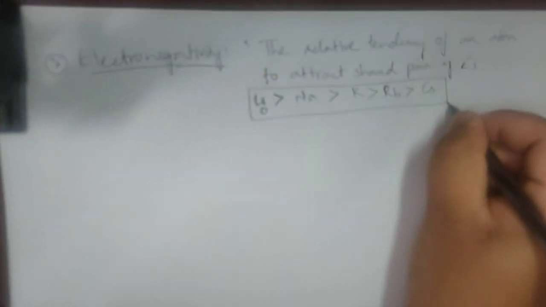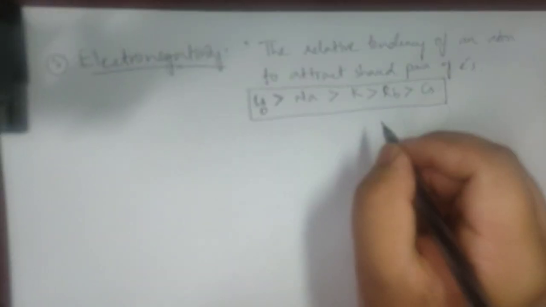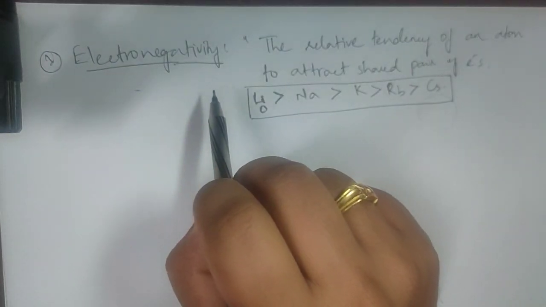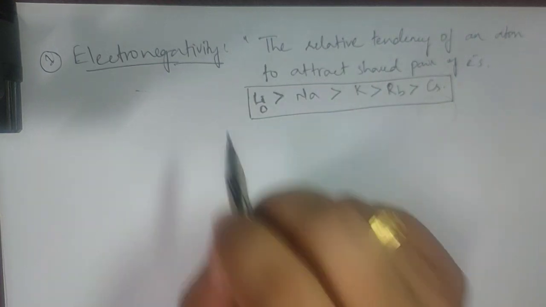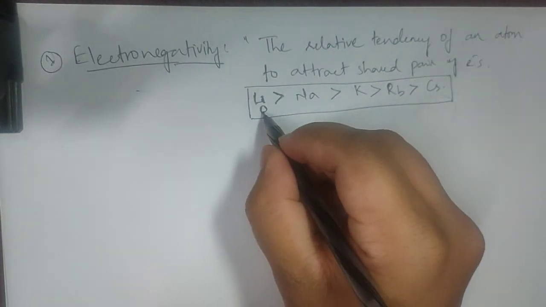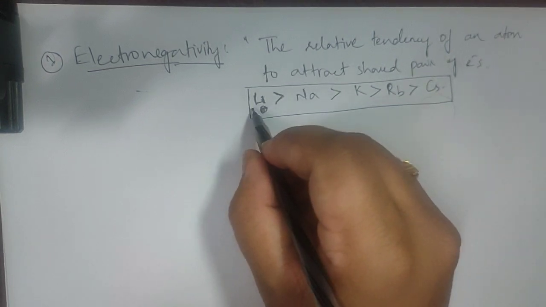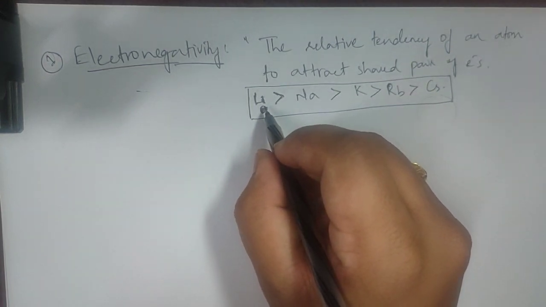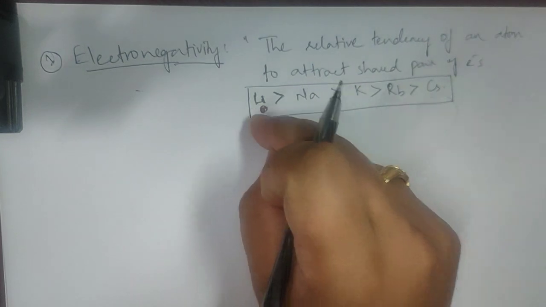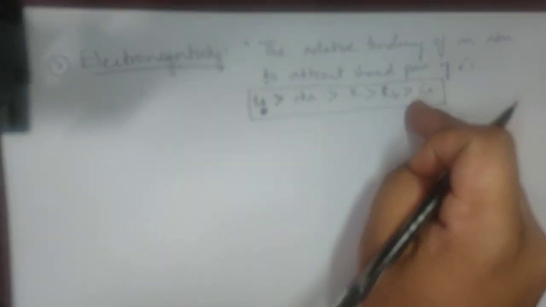In fact, we have scales: the Pauling scale, Millikan scale, and Allred-Rochow scale to identify these electronegativities, and we follow the Pauling scale especially. So just a simple logic: attractive force is greater for the lithium case, and hence the tendency to pull the electrons is greater for lithium, and the size of cesium is very much bigger.